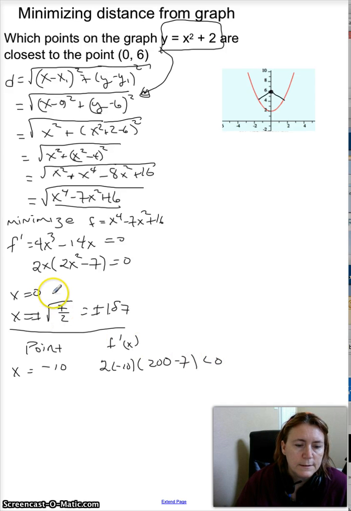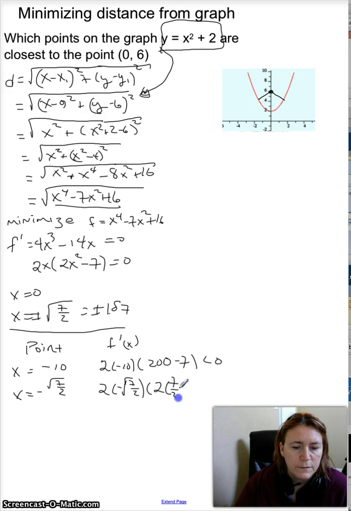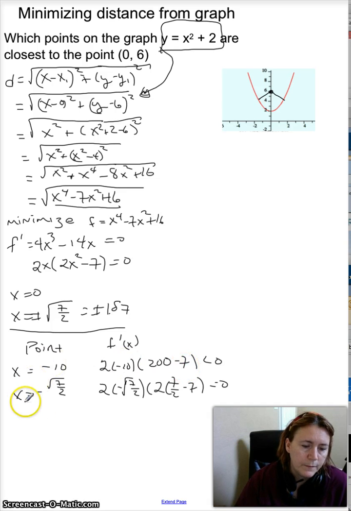Then let me check at my next point, x is negative square root of 7/2. So this is 2 times negative square root of 7/2 times 2 times 7/2 minus 7. So this is 0, so this is a critical point.